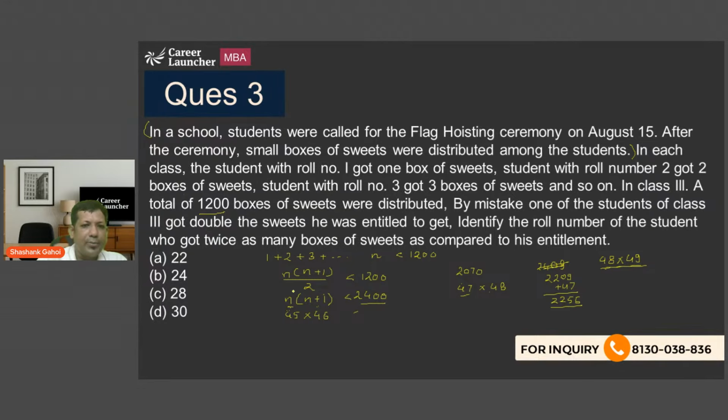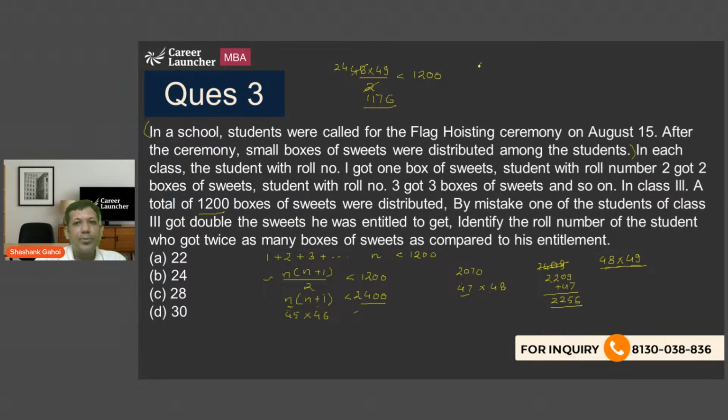ठीक है. So I'm just plugging in n is equal to 48. So 48 into 49 divided by 2. And this value should be less than 1200. So this comes out to be 24 nines are 216, 21 carry. 24 fours are 96, 96 plus 21 is going to be what? 1176. ठीक है.